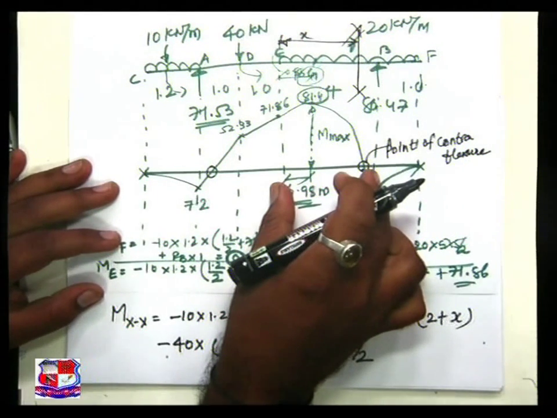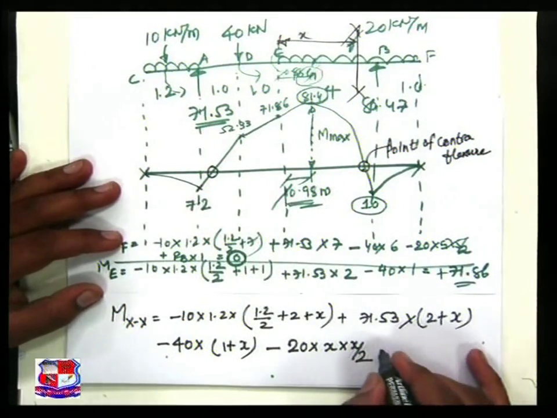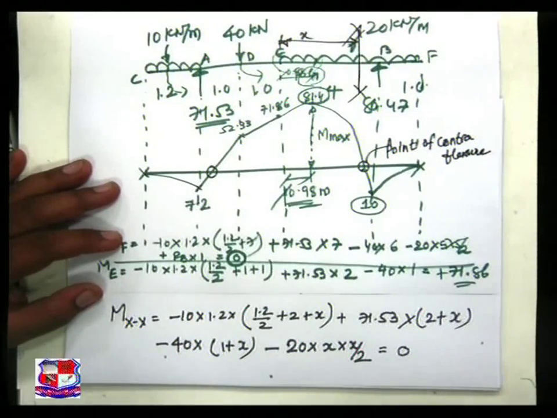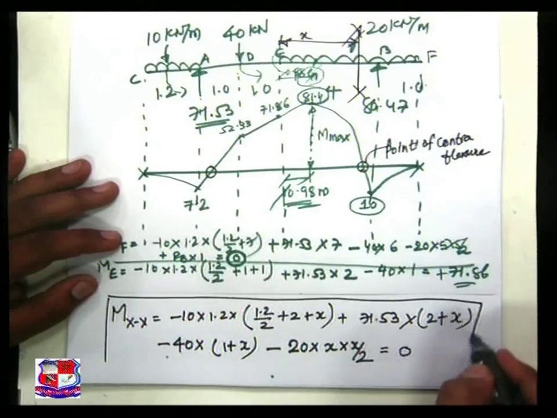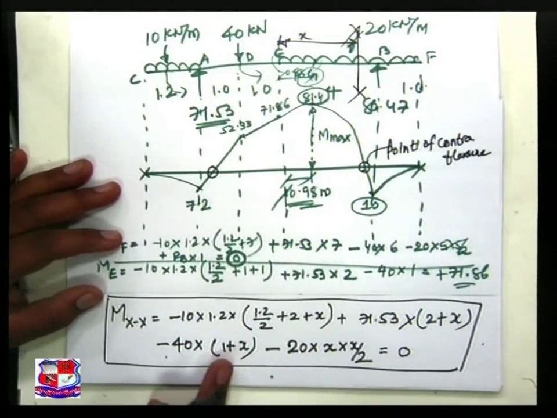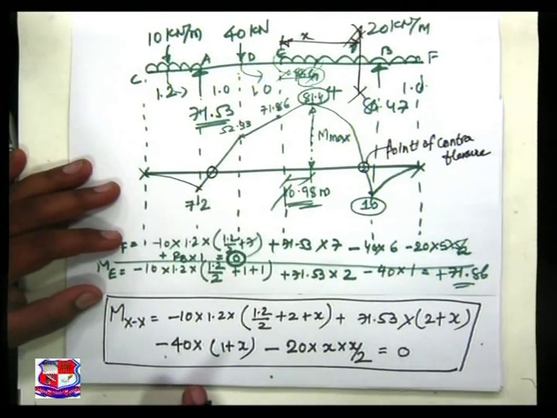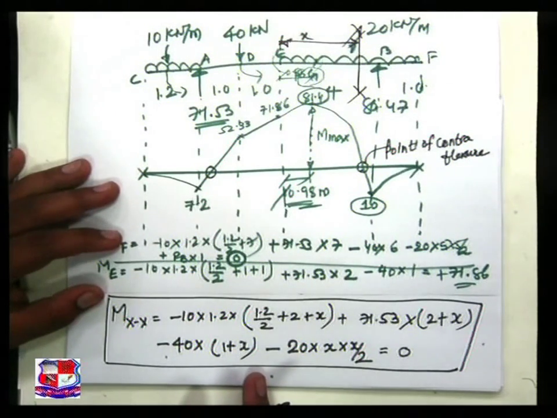Now at one point of x, this value is 0. So what I have to do? I have to equate this value to 0. So you just understood, I have an equation in which only one unknown parameter is available to me, which is x, and I can easily find the value of x.